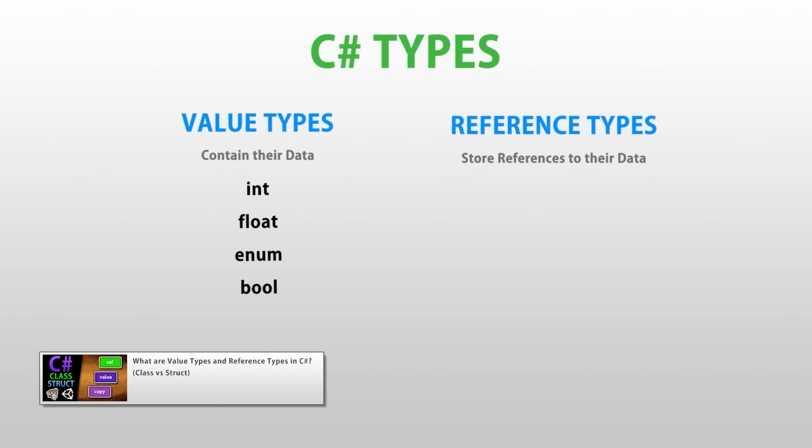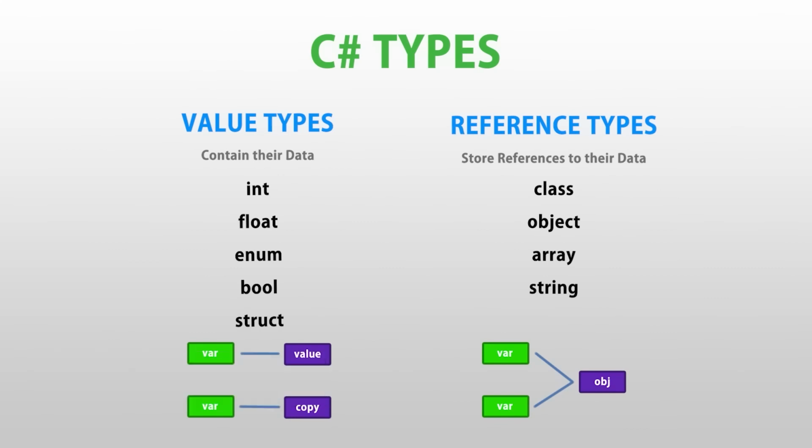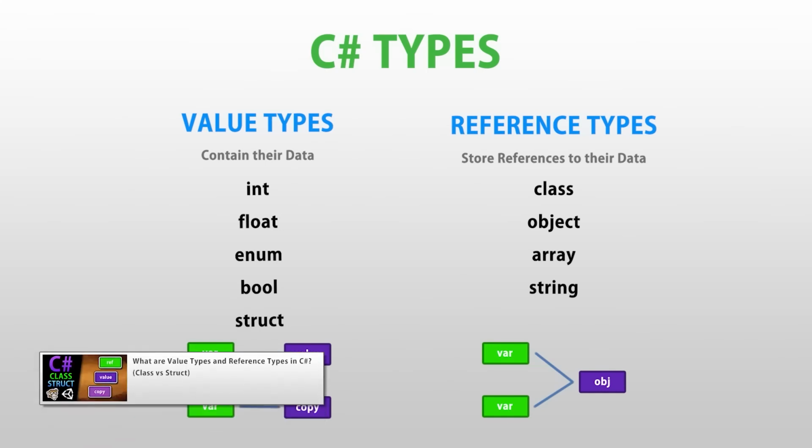I have a very important video on that subject, what is the difference between value types and reference types. Classes are reference types, so when you pass in a class into a parameter, you are passing in a reference to that object. Whereas structs are value types, so when you pass in a struct onto a parameter, you are passing in a copy. It's a bit of a tricky thing, so definitely make sure you go watch that video for more detail so you don't get confused in the future.